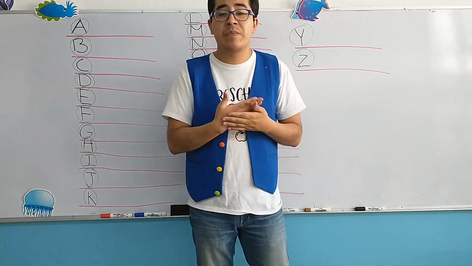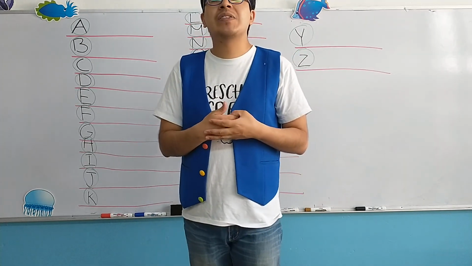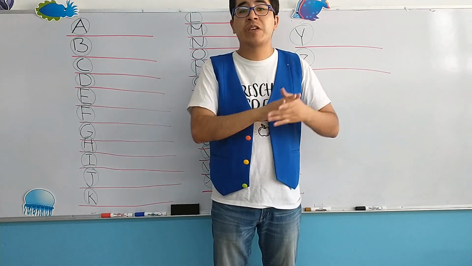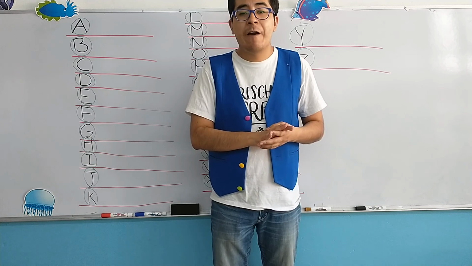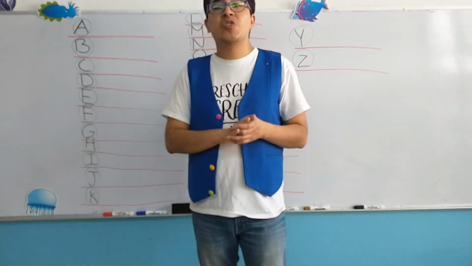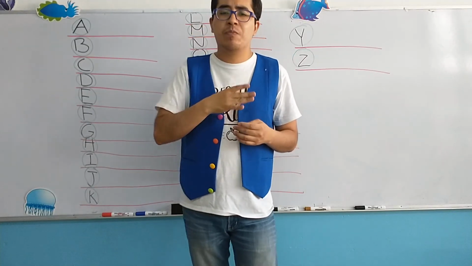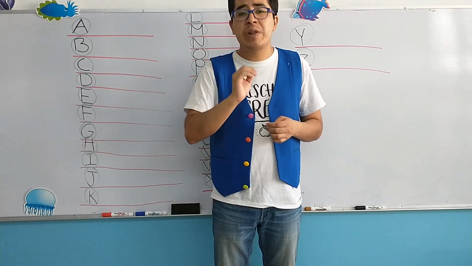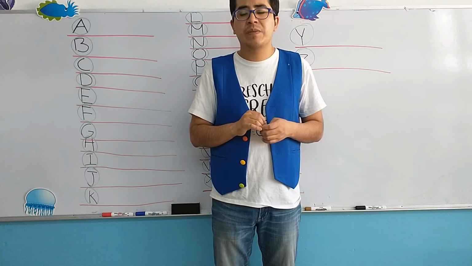So that's why it's very important to see once again the alphabet, and of course it's also part of this review. Now, for this, we're going to see letter by letter. First of all, we're going to see the alphabet in order, and then I will explain the second activity.